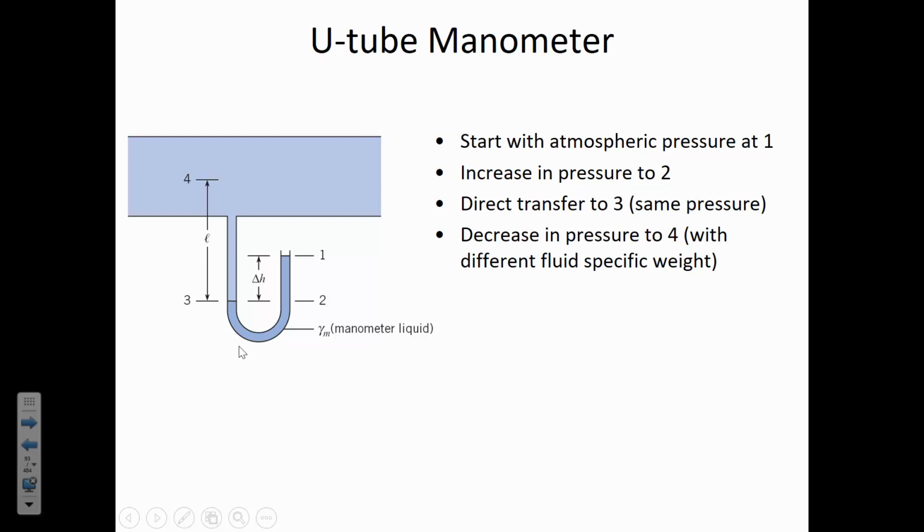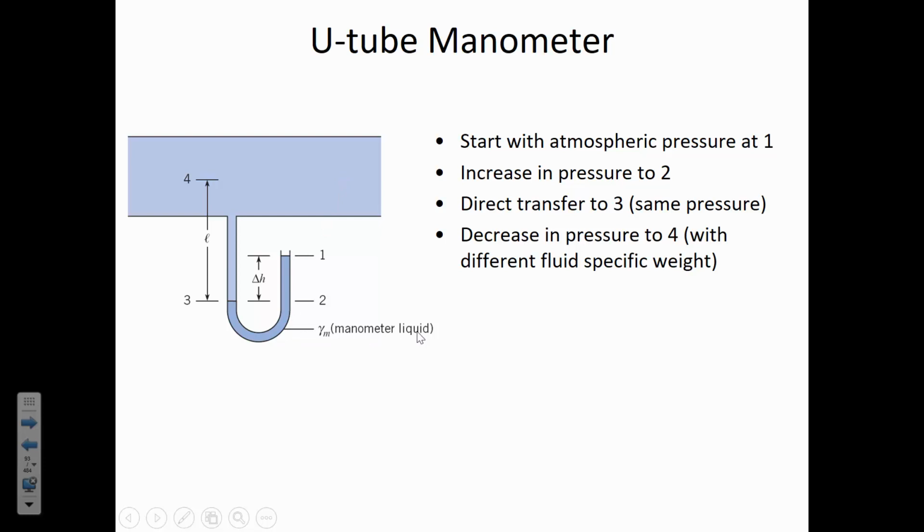A U-tube manometer is a way of getting around some of those limitations. The other issue with the open piezometer is it's not usable for gases. Remember, it could only be used for a liquid. A U-tube manometer, the idea here is that we're using two different liquids. There's whatever liquid is flowing through the pipe, but then we're measuring the pressure difference using what's called a manometer liquid.